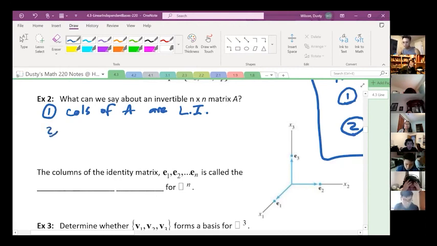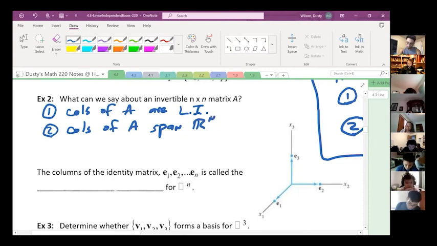And then 2, we can say that the columns of A span Rn because you have a pivot in every row, okay?